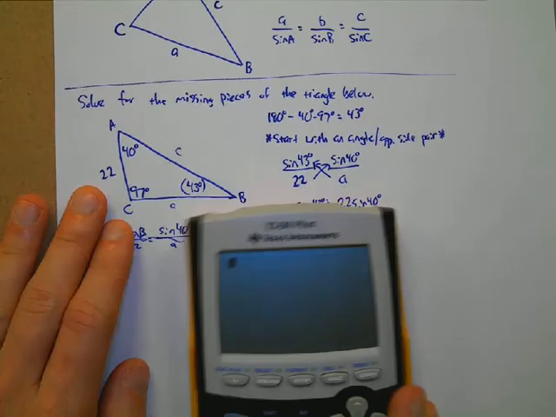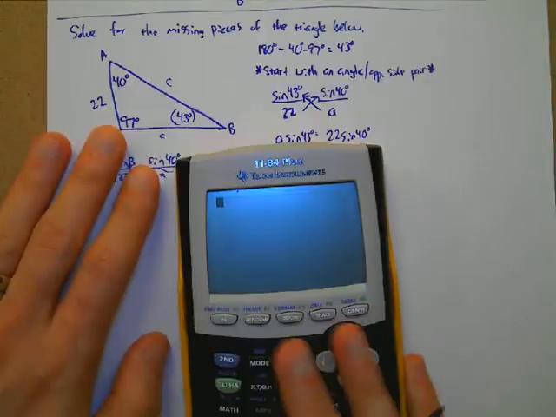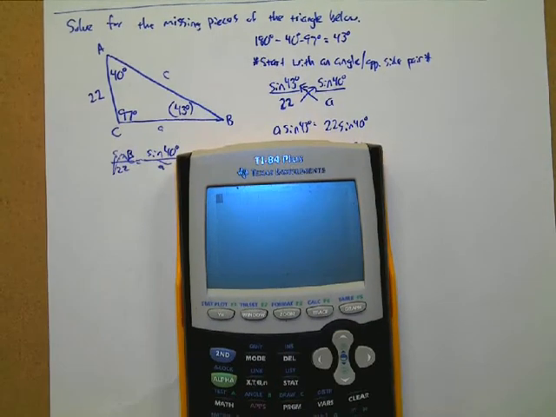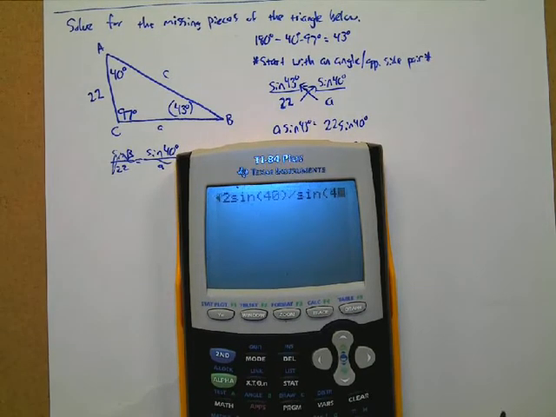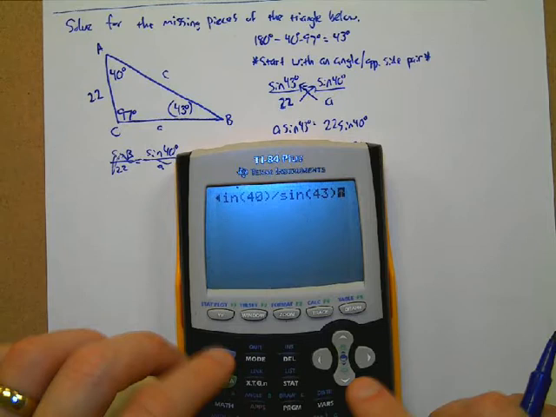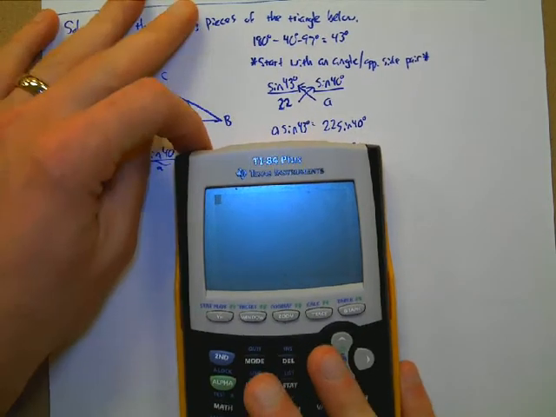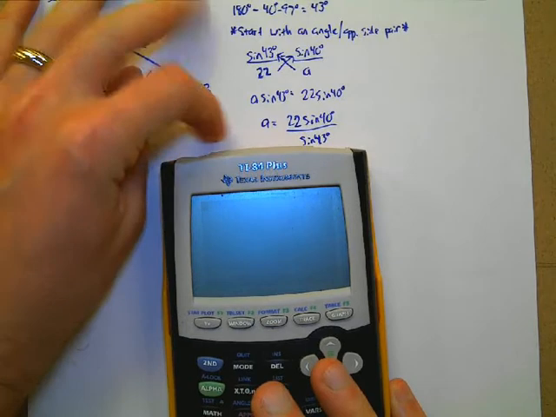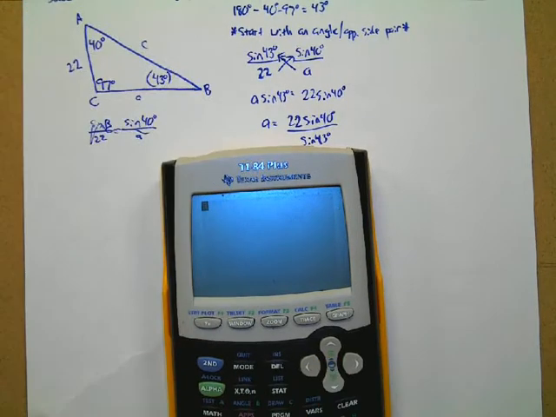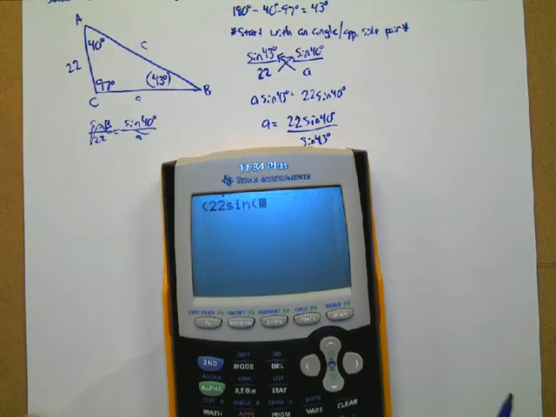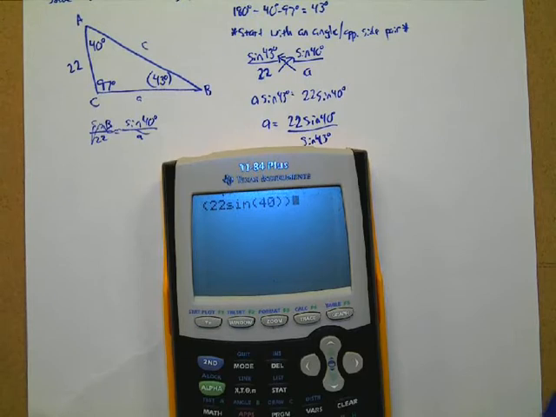It might be helpful to put some parentheses around your numerator, so parenthesis 22 sine of 40, divided by, and then parentheses on the denominator. It's not necessary, but it's not a bad idea. We type that in, and we get negative 19.707.